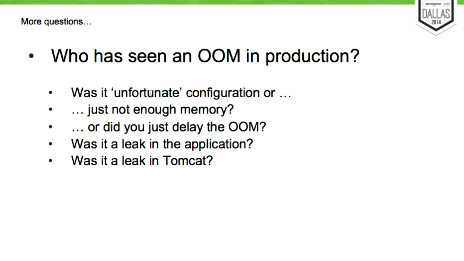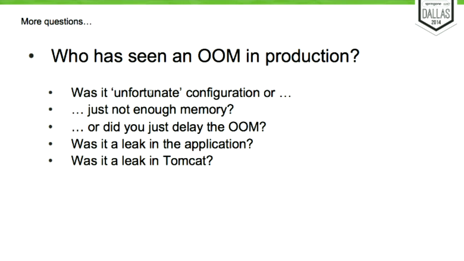So some more questions. Who has seen an out-of-memory exception in production? Hands up. Come on, there's got to be more hands than that. Would you keep your hands up, please? You can put your hand down if it was not an unfortunate configuration. We'll say politely, an unfortunate configuration choice. Not many. Coming down there.